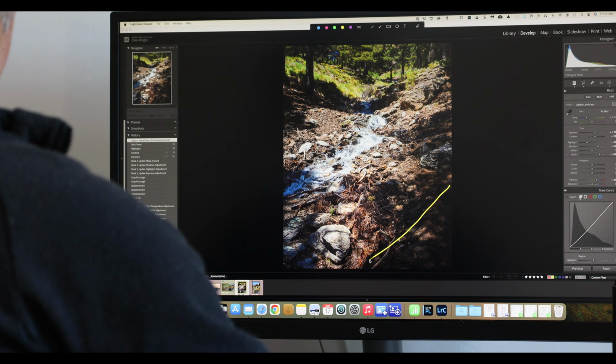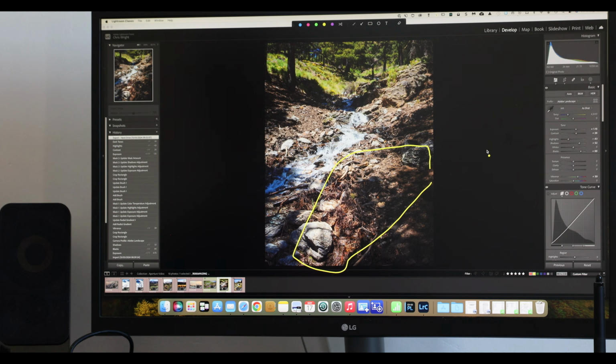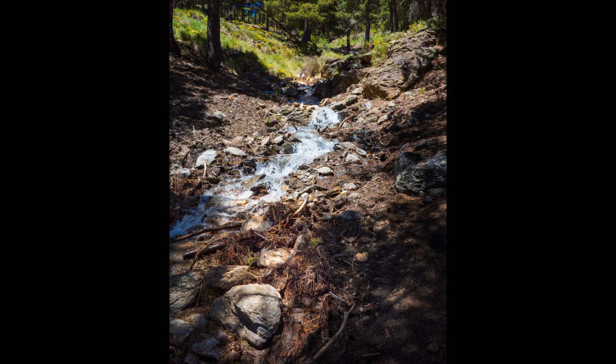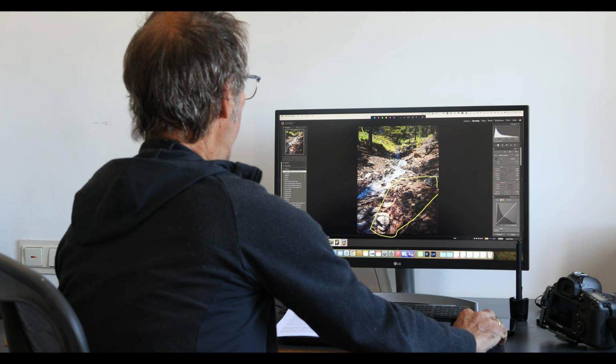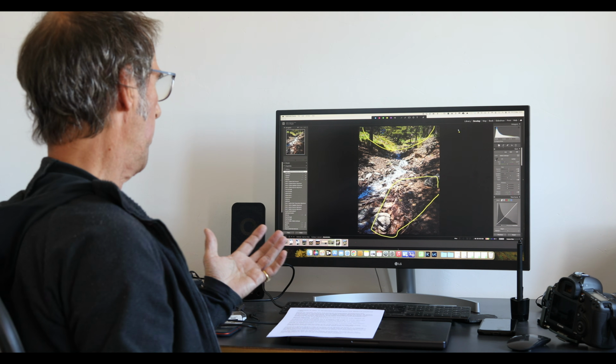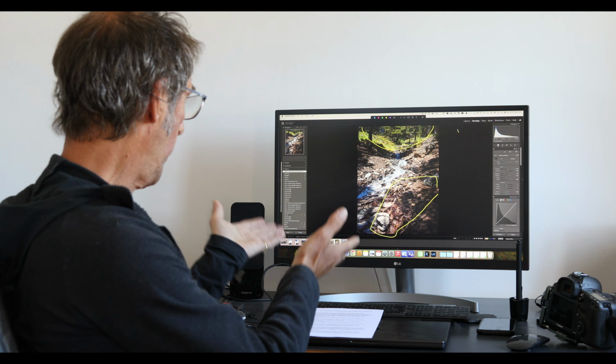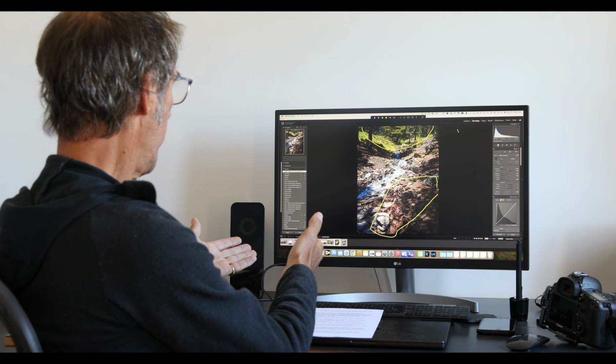So this area here was only a matter of a couple of meters away from the camera, so I elected to use a much wider aperture in order to capture that sharply. And I wasn't quite so bothered about the area at the top of the frame, because really that's not the story of the picture. The story of the picture is the stream tumbling down the hill towards the camera.